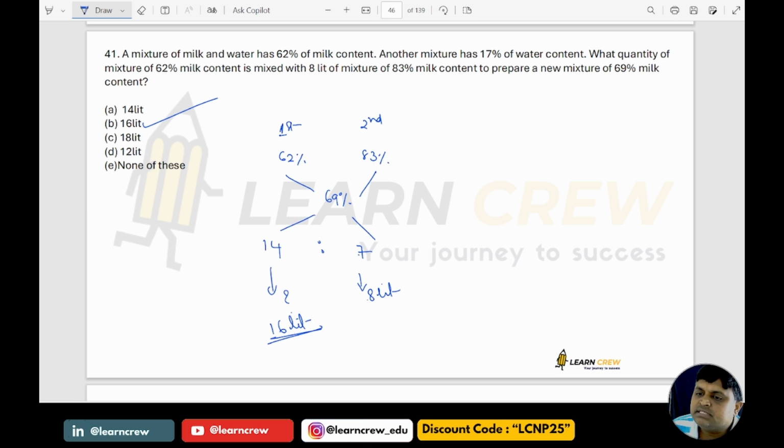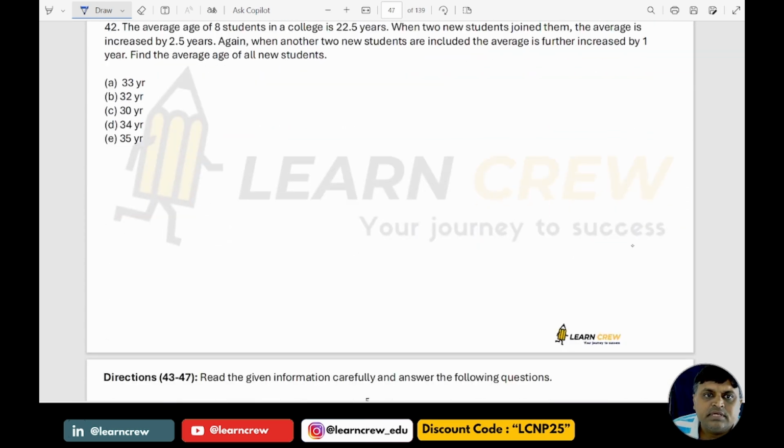The average age of 8 students in a class is 22.5. So the sum of 8 is 22.5 into 8, which is 180. When 2 new students join them, the average is increased by 2.5. So the sum of 10 becomes 25 for all 10, which is 250.